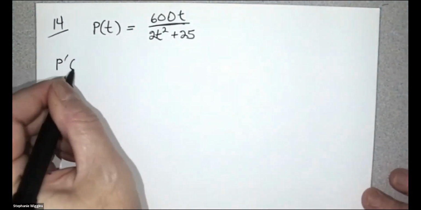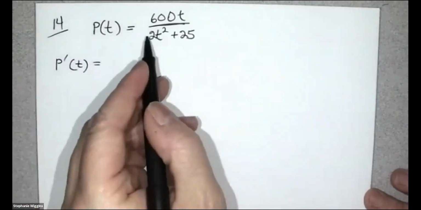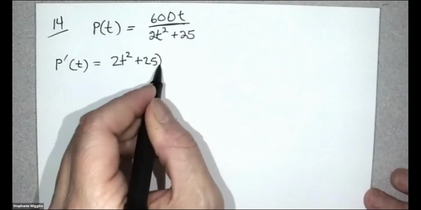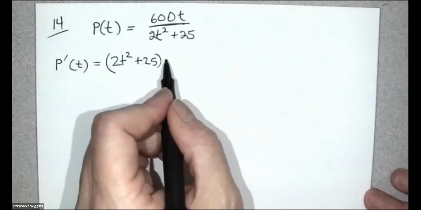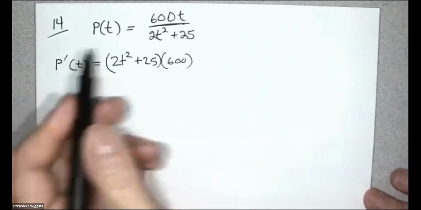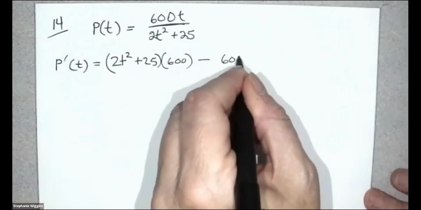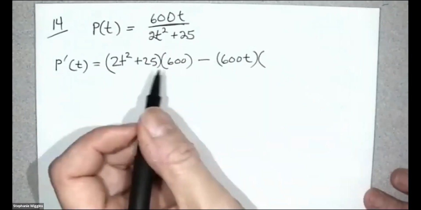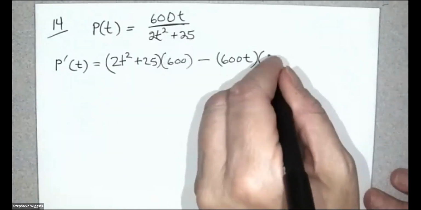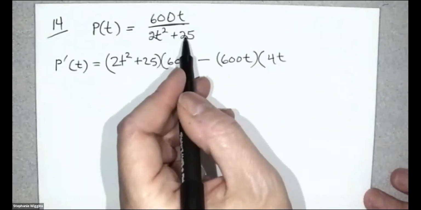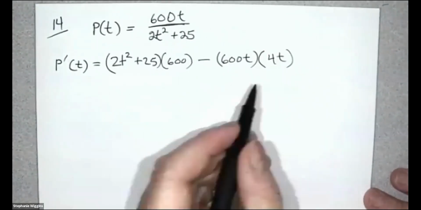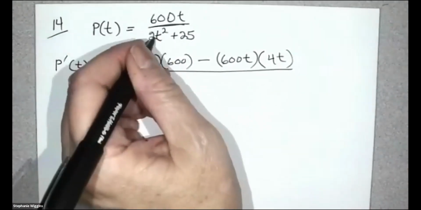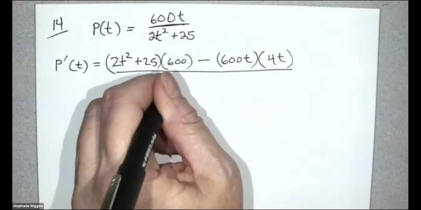Remember, you take the bottom function times the derivative of the top, minus the top function times the derivative of the bottom. 2 times 2 is 4t, and this, of course, is a constant. The derivative of that is 0. Then you take the entire numerator divided by the denominator squared.